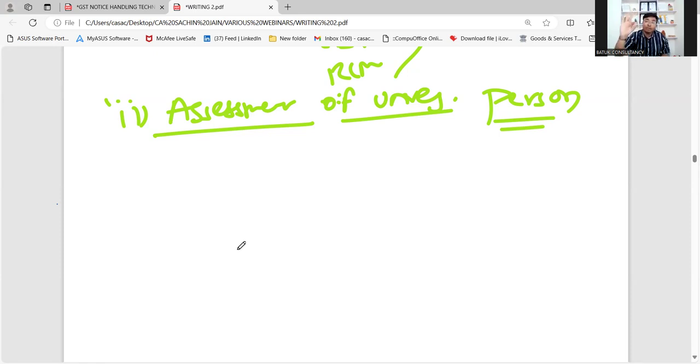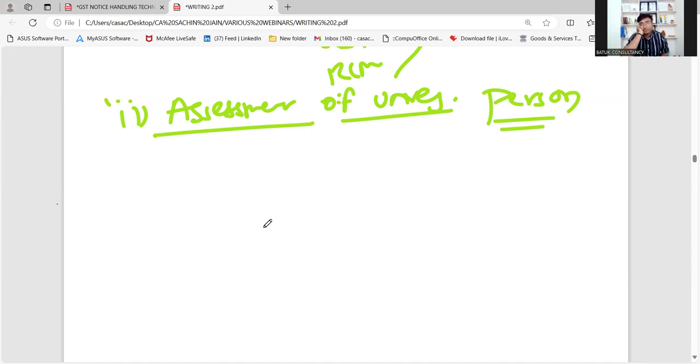In that case, departmental authority will do my assessment as an unregistered person on the basis of best data available with the departmental authority. Now your question will be, sir, in this case from where will the departmental authority get the details? Suppose I am providing my services to various platforms, and various platforms have booked the expenditure with my name, and the departmental authority gets the detail from those various platforms.